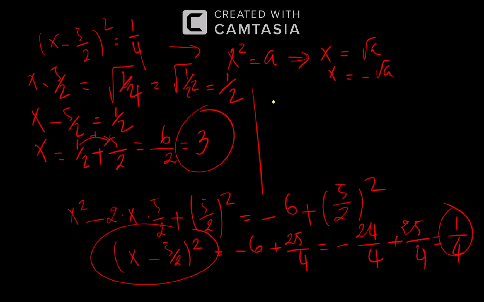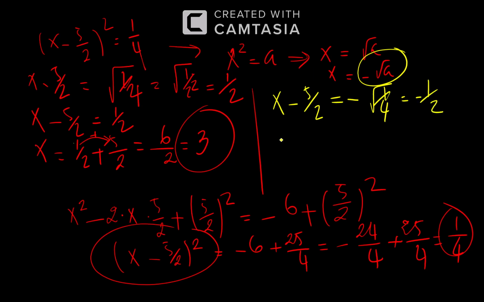Let's find x2. x minus 5 over 2 equals negative, we use this property, negative the square root of 1 over 4, so equal to negative 1 over 2. So we can find x equal to negative 1 over 2 plus 5 divided by 2.